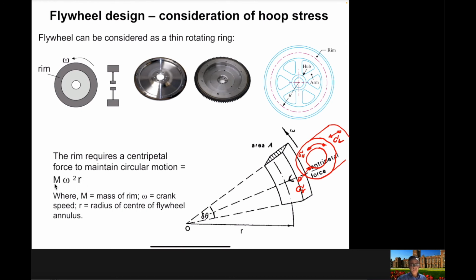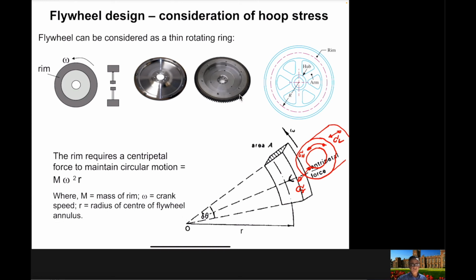So m omega square r is what we call the centripetal force, where m is the mass of the rim, omega is the crankshaft speed, and r is the radius of the center of the flywheel annulus.